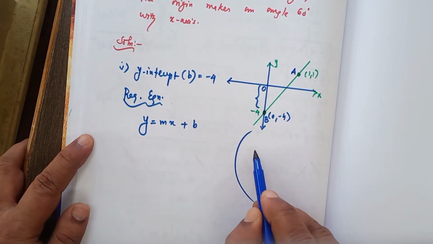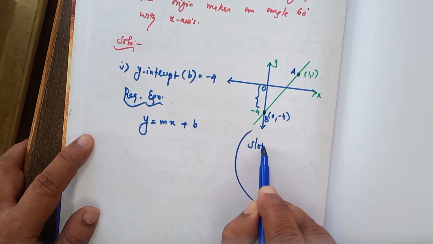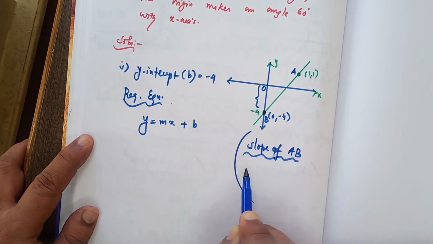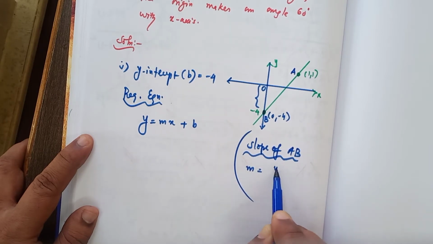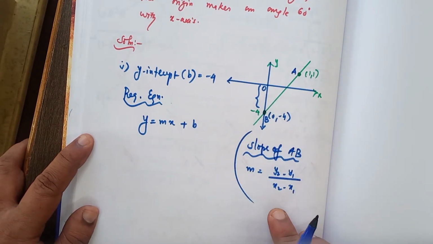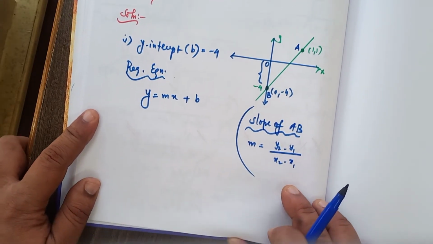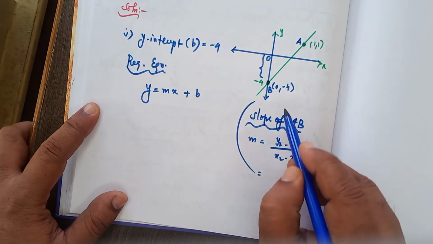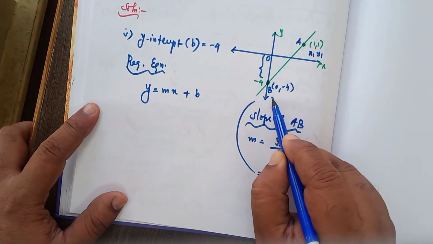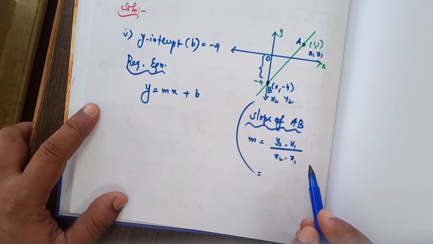We can find the slope of AB. The slope of AB is represented by the letter m. The formula is (y2 minus y1) divided by (x2 minus x1). If the 2 points are given, the formula for finding the slope is (y2 minus y1) divided by (x2 minus x1). Consider them as x1, y1, x2, y2.